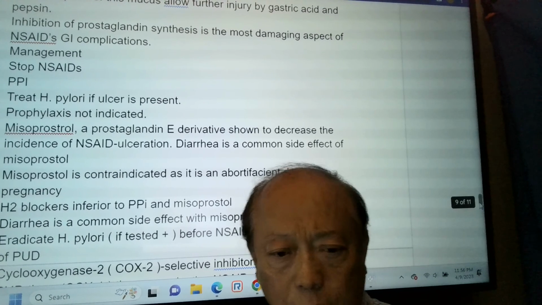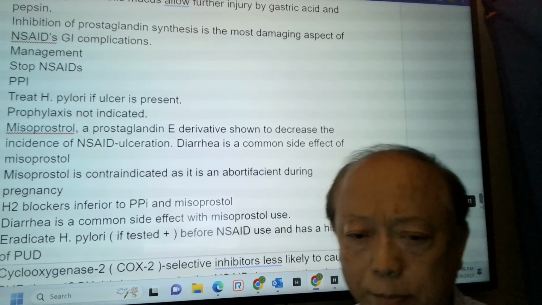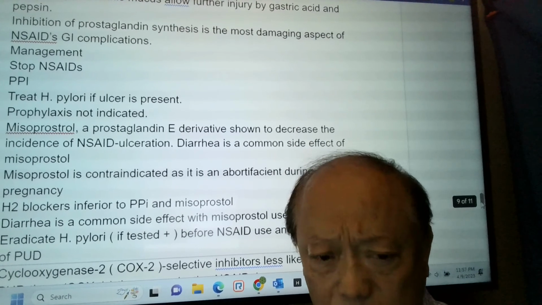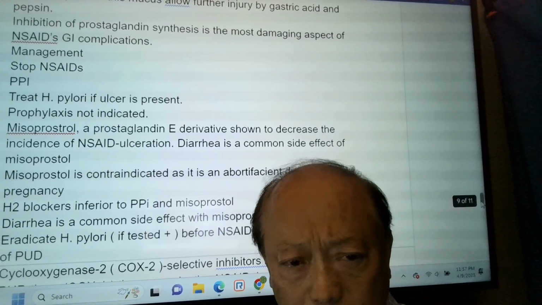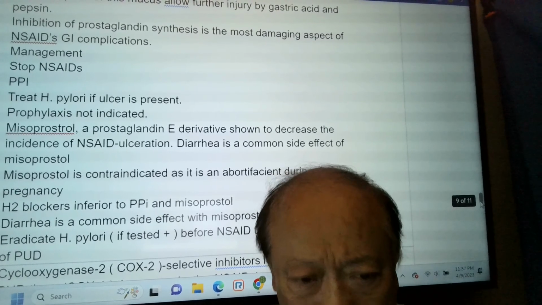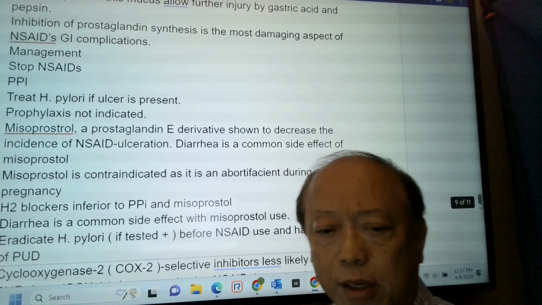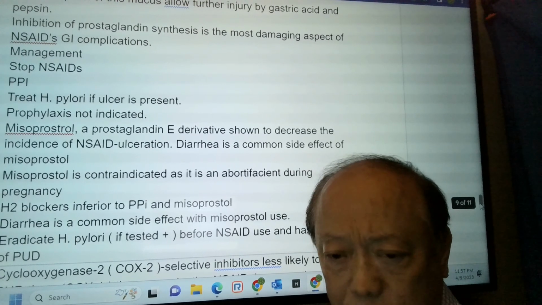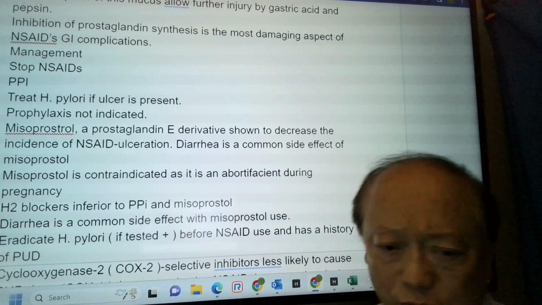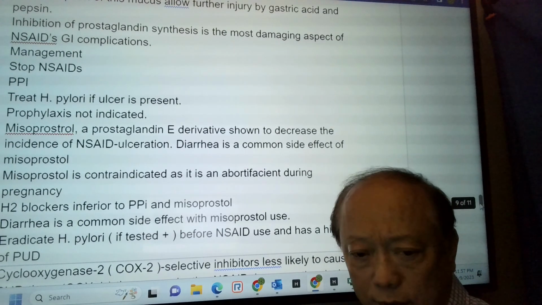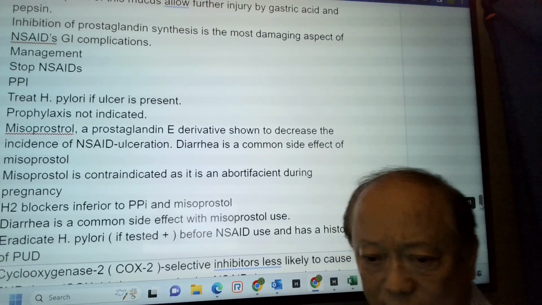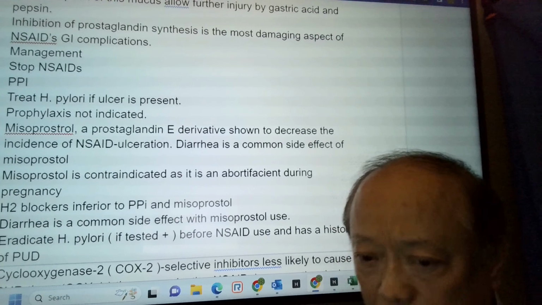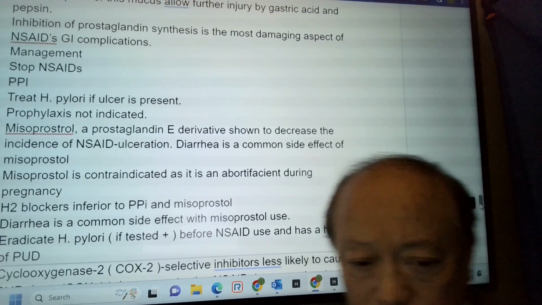H2 blockers are inferior to PPIs and misoprostol in the treatment of NSAID-related GI bleed. Diarrhea is a common side effect of misoprostol use. Eradicate H. pylori if the test is positive before NSAID use and there is a history of peptic ulcer disease.